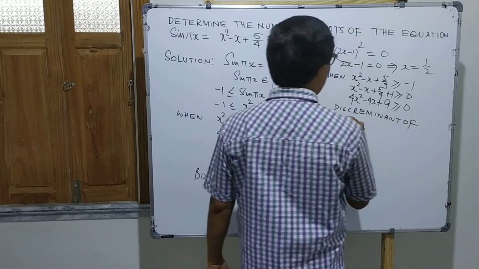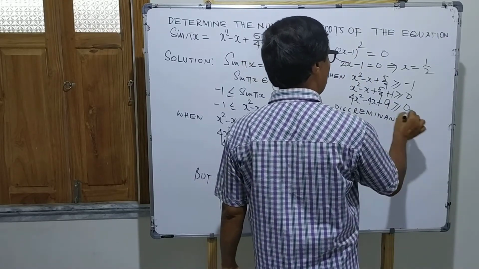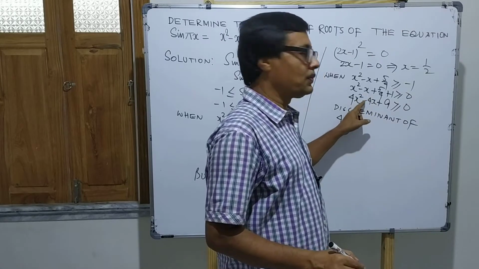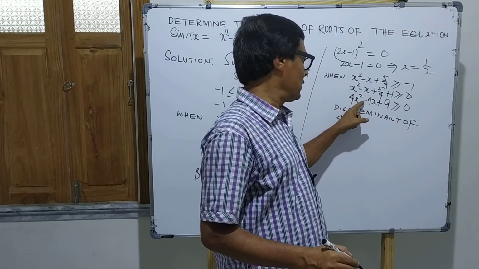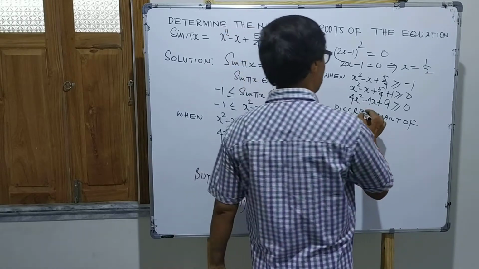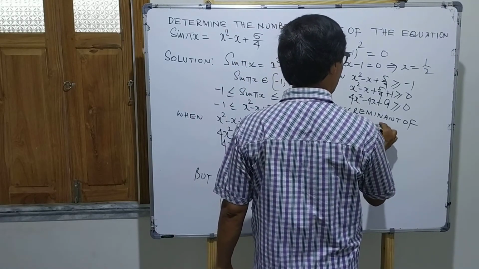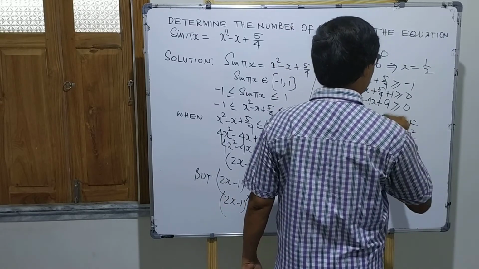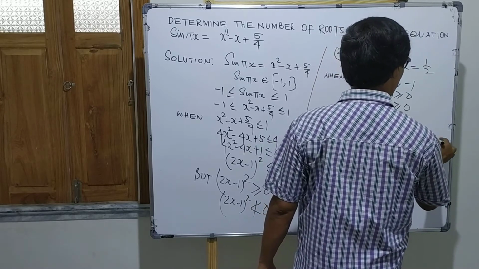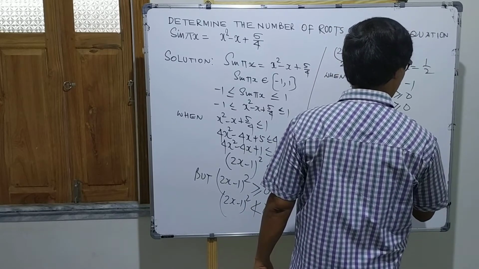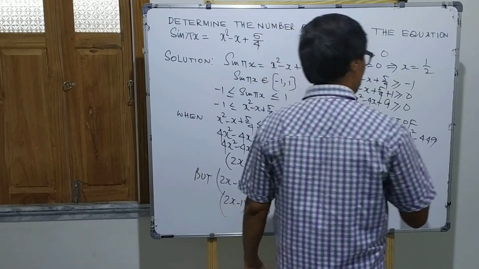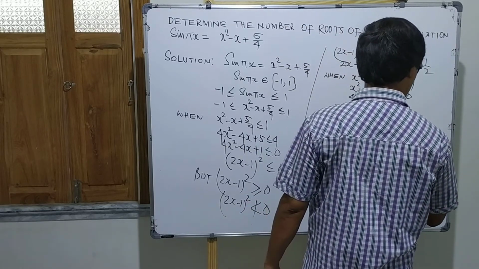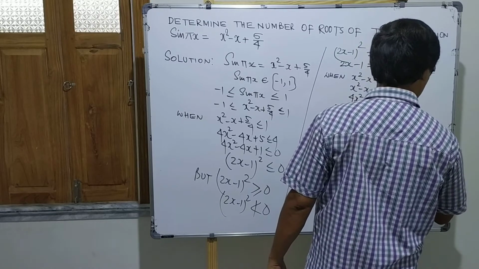The discriminant of 4x square minus 4x plus 9 is b square minus 4ac, that is minus 4 whole square minus 4 into 4 into 9, equal to 16 minus 144, that is minus 128, which is less than 0.